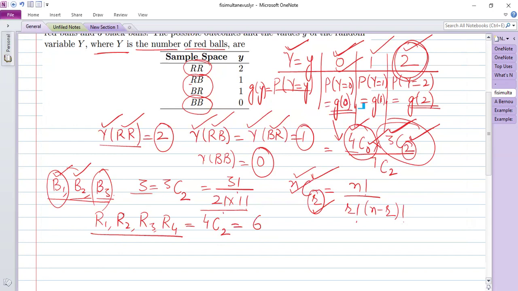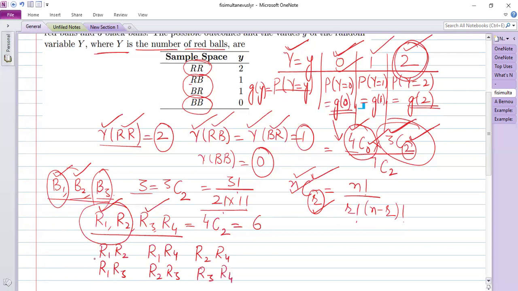The 2 red balls can be R1, R2, R1, R3, R1, R4, R2, R3, R2, R4, and the last is R3, R4. So in total 6 combinations, meaning we can choose 2 balls out of 4 in 6 ways.